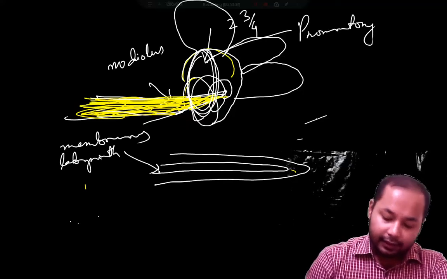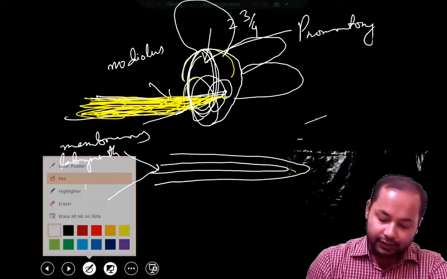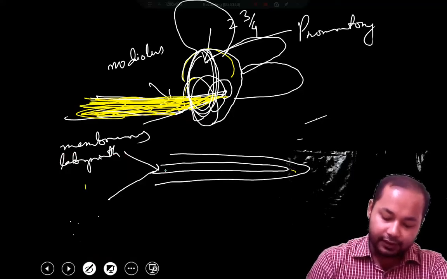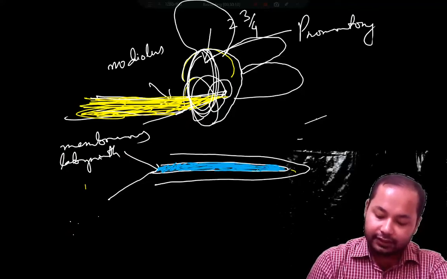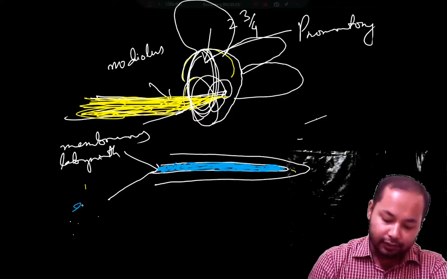The fluid which is there is called the endolymph. Do not go into much detail, just remember that this is endolymph.